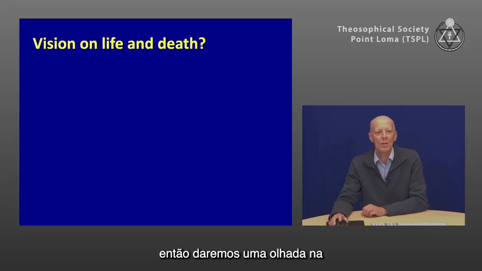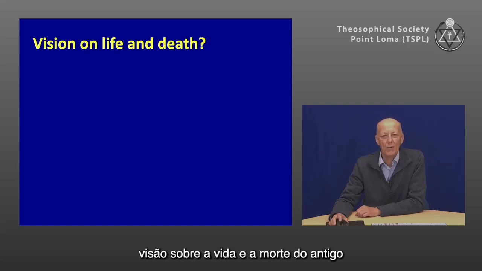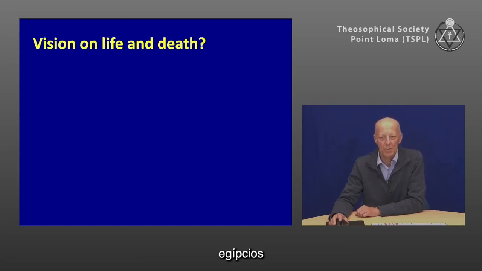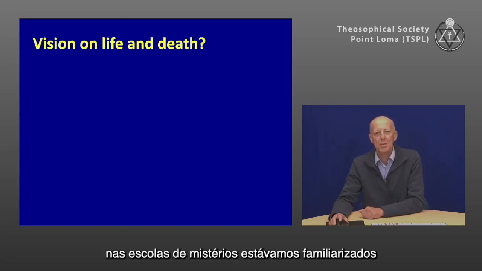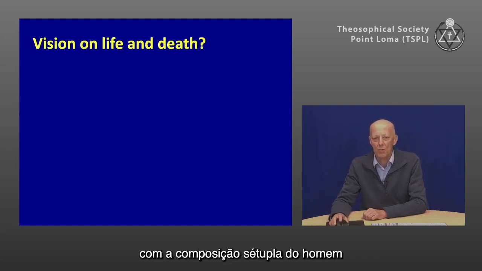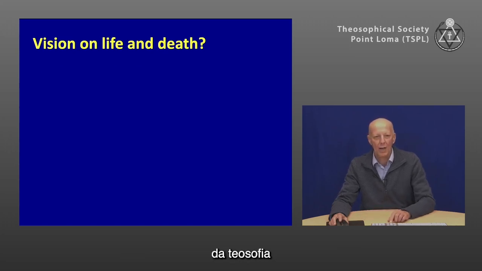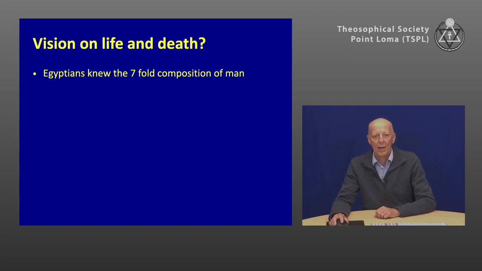Then we will have a look at a vision on life and death by the ancient Egyptians. In the mystery schools, one was familiar with the sevenfold composition of man, the seven souls or seven principles of man, which are in accordance with those in the Theosophy. Those were important to understand for the processes after death.